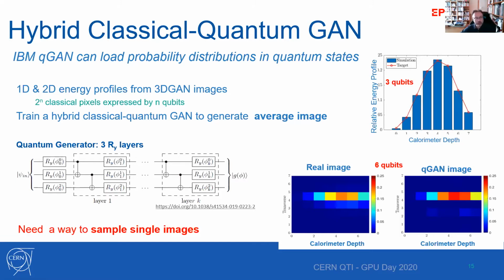Now, one problem of today's quantum generative adversarial networks is that all the implementations we know of are able to embed the energy distribution, but cannot sample individual images, which is what you want with generative adversarial networks. You want to build synthetic but individual images very similar to what you would find in reality.